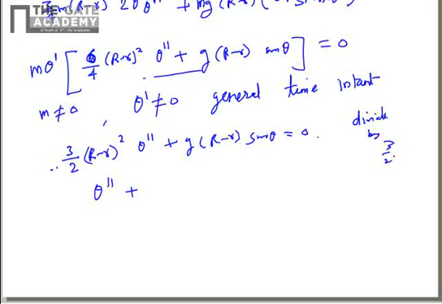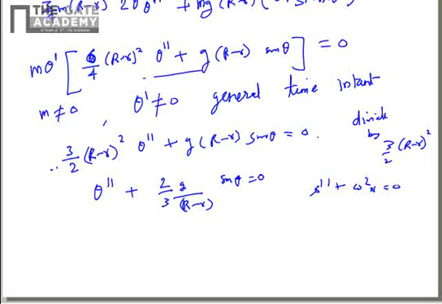So for θ'', we divide the entire thing by 3/2 (R − r)². So you get θ'' plus 2g by 3(R − r) sin θ is equal to 0. Now this equation is not exactly the same as our earlier equation, which was something like x'' plus ω²x equal to 0.